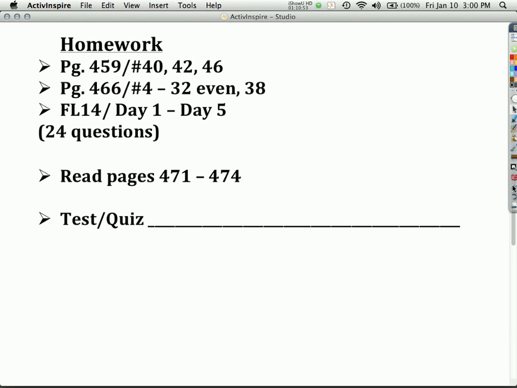Then 466, you're going to do some practice and a real world scenario. And then we are going to continue reviewing the FL 14, day 1, 2, 3, 4, and 5. At the bottom of the page, the FL pages, it tells you what section the concepts are coming from. So if you're stuck on a concept, you have to review. That's the purpose of this.